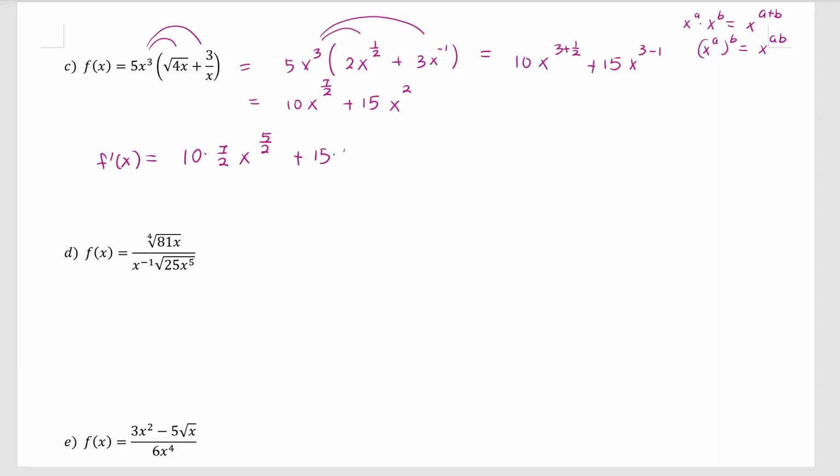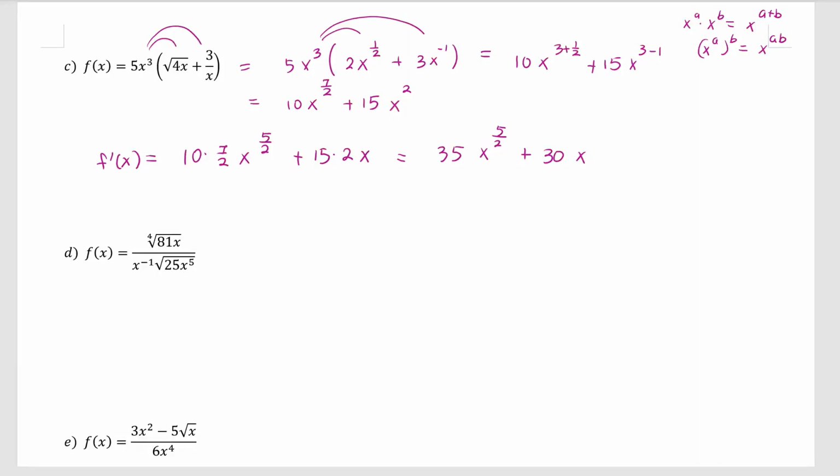Then 15 times 2, and then x, 2 minus 1 is 1. All right. 10 and 2, I can cancel the 2 and get the 5. 5 times 7, 35. X to the 5/2 plus 30x. So this is my derivative. So far, so good, everybody?